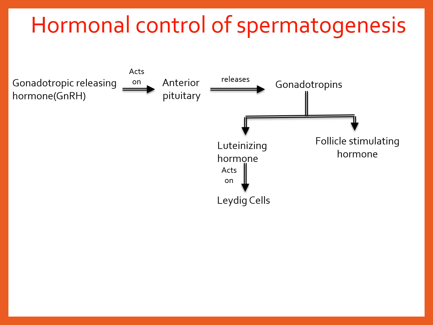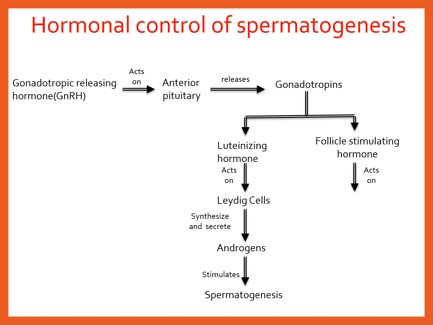Luteinizing hormone acts on the Leydig cells. These Leydig cells synthesize and secrete androgens. Mostly here we are talking basically about the testosterone, which stimulates spermatogenesis. So androgen, that is testosterone, stimulates spermatogenesis, the process which we have already studied in the previous slide.